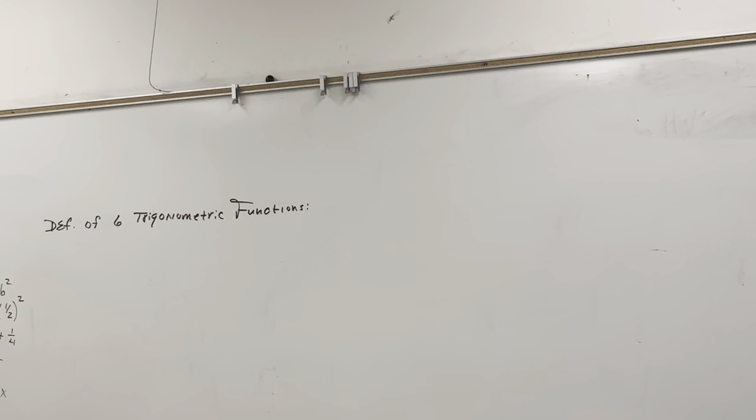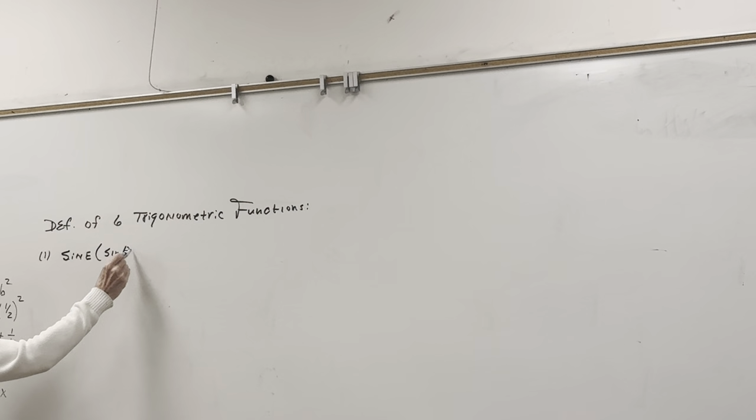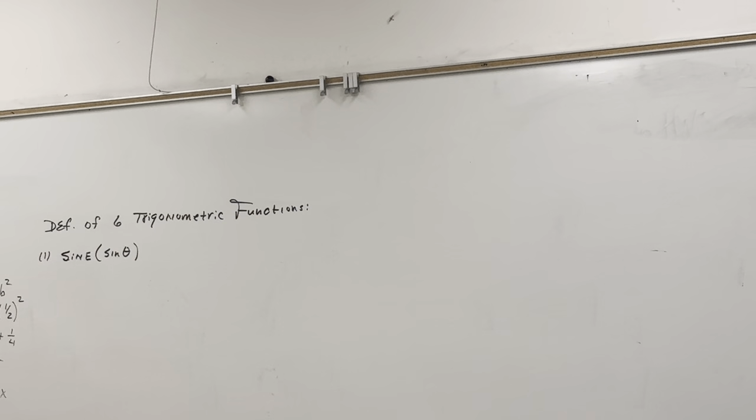And by the way, there's 6 of these, and they're given names. First one is spelled this way, sine, the sine function. It's abbreviated S-I-N. I'm moving theta next to it, sine theta. But we'll be doing this with an angle.